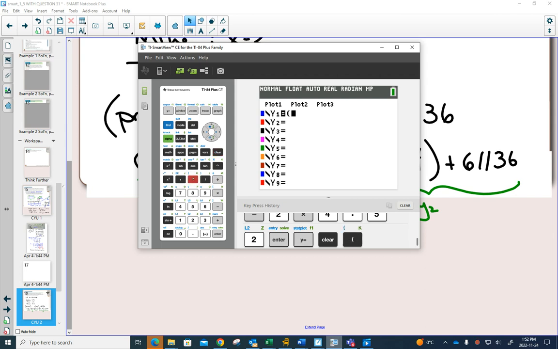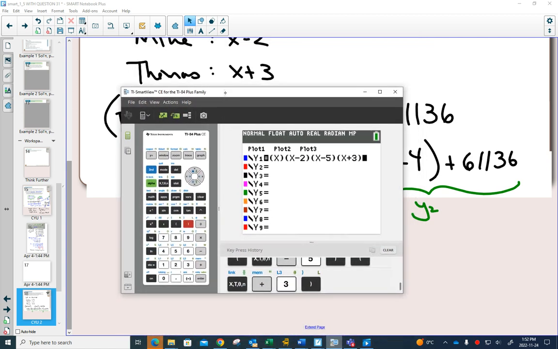The one side was x times x minus 2, x minus 5, and x plus 3. Is that right? Good.